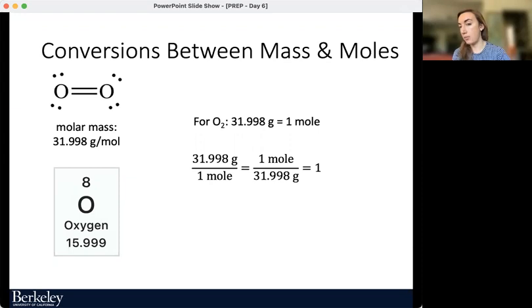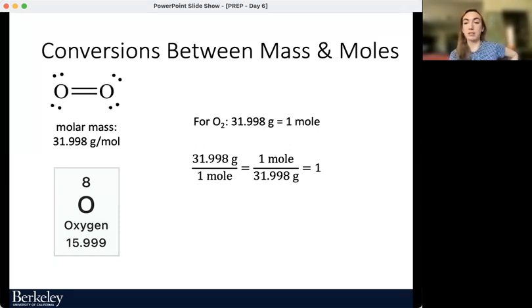And so in the same way that we had 1 minute equals 60 seconds, we can have 31.998 grams per 1 mole, or 1 mole per 31.998 grams. So those two fractions, because 31.998 grams and 1 mole is the same for O2, those two fractions are both 1, they're both the same.